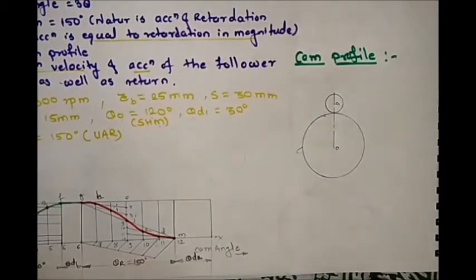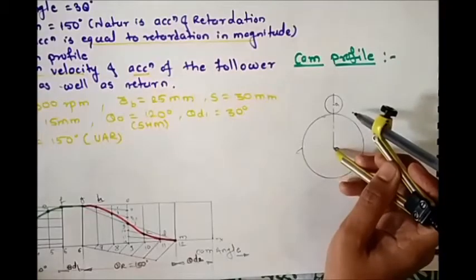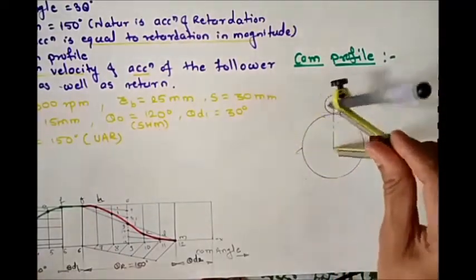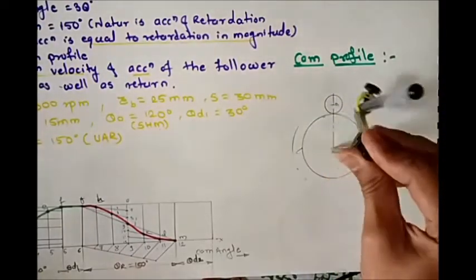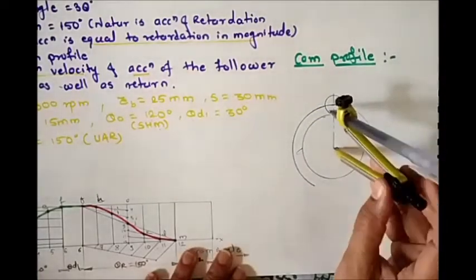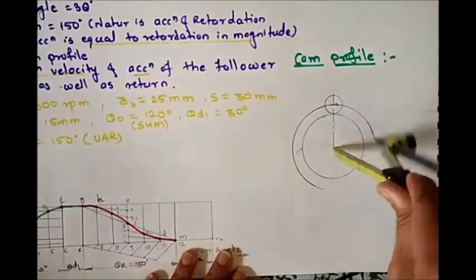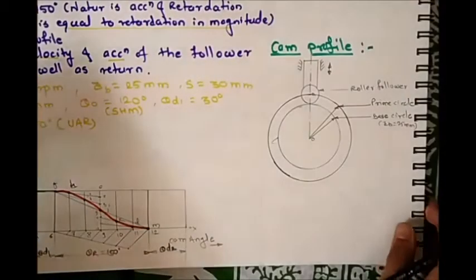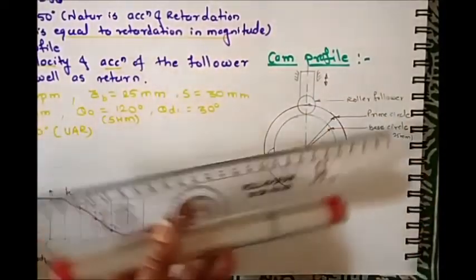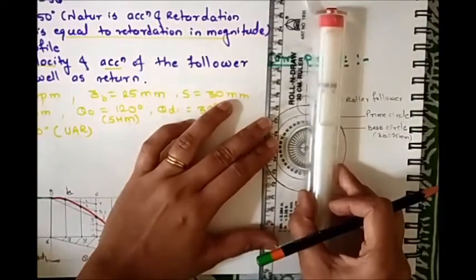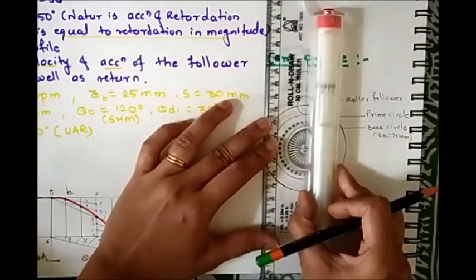Now the second step is, let's draw the prime circle passing through the center of the roller and concentric with the base circle of the cam. So here we have the prime circle. Okay, so here we have the roller follower which is a concentric or radial type of follower.